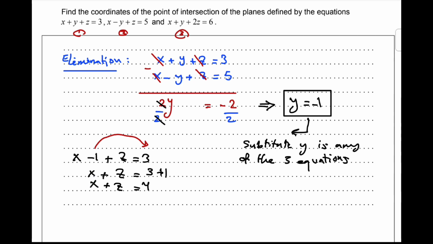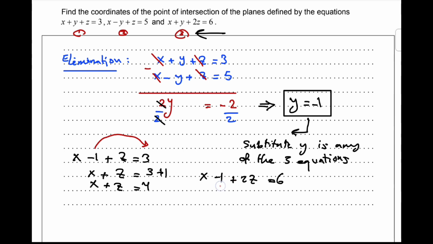And then you can take y equal to minus 1 and substitute in the third equation. So what happens is you get x minus 1 plus 2z equal to 6.